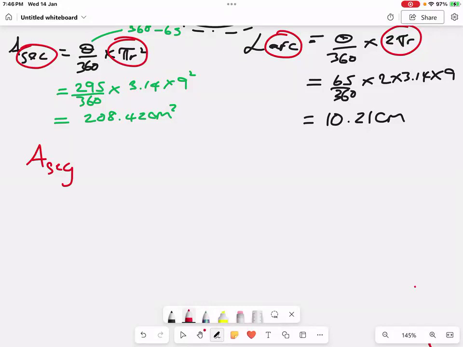A seg is area of segment. So A seg is going to be equal to A sec minus A tri. So area of segment is going to be equal to the area of the sector minus the area of the triangle.